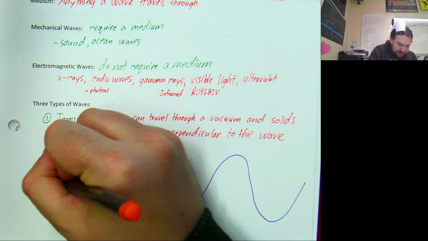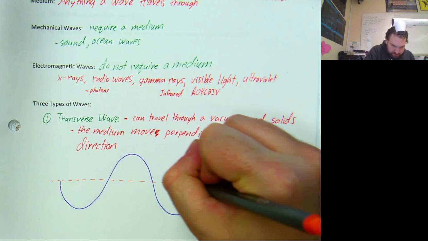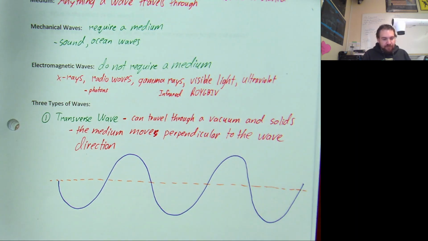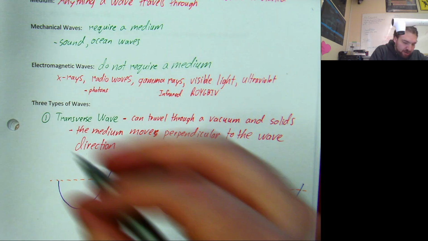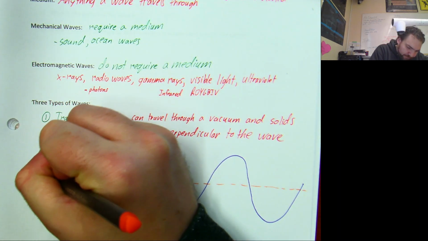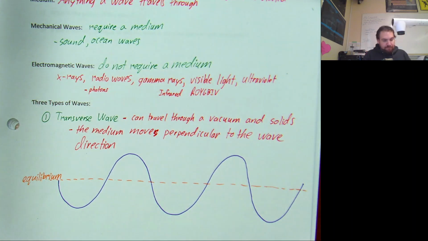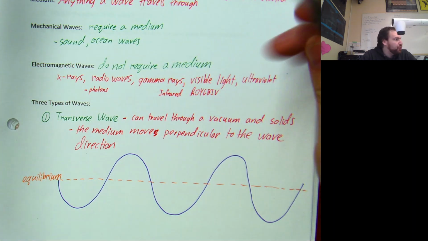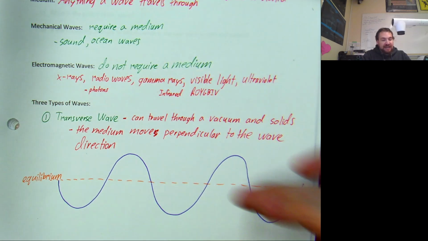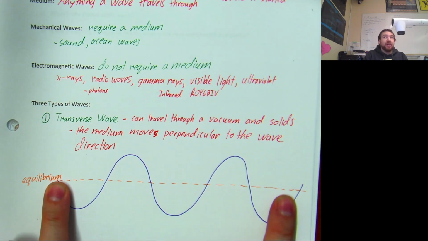I'll put a dotted line here right through the middle. This dotted line we call equilibrium. If the wave weren't traveling through whatever this medium is, it would rest at this line.